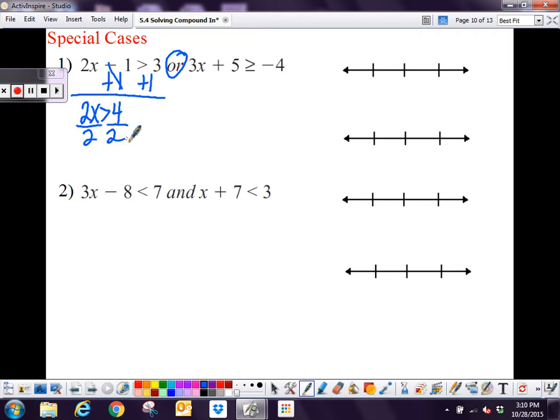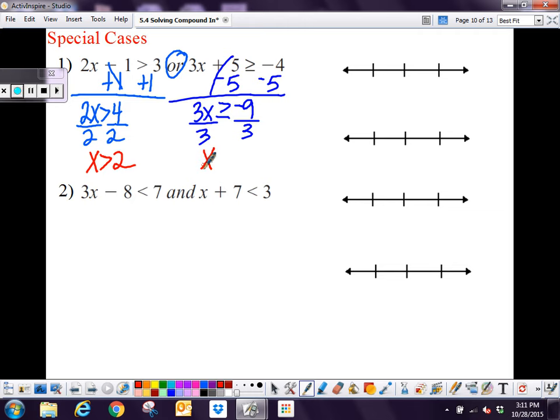I'm going to divide both sides by 2, and that gives me x is greater than 2. Then over here I'm going to subtract 5. So I have 3x is greater than or equal to -9. I'm going to divide by 3. So x is greater than or equal to -3.